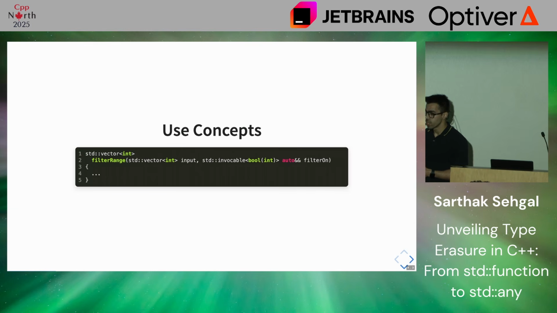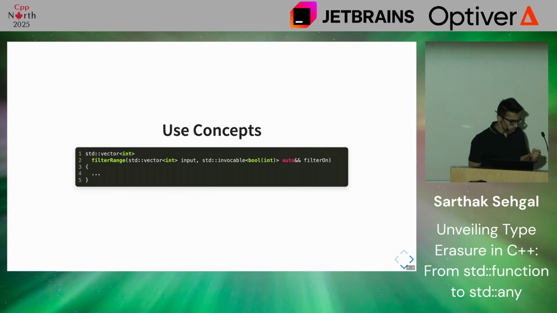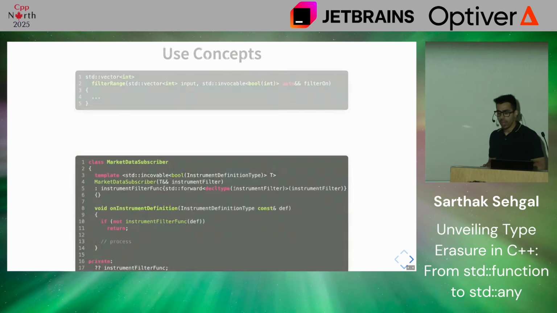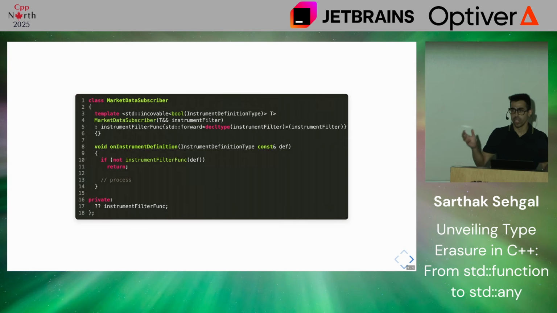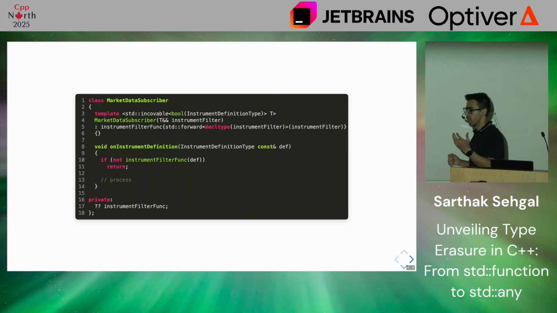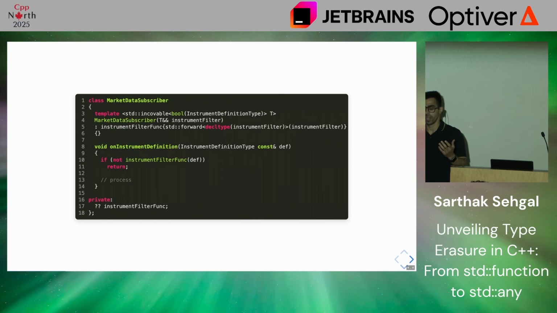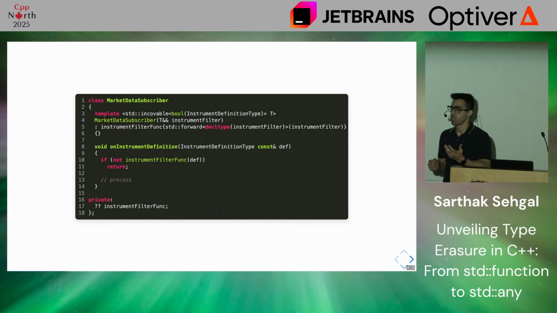But there are some cases where you either don't want it to be templated or it cannot be templated. For example, borrowing a use case from my industry, imagine that there's a market data subscriber class. What this class does is subscribe to market data from various different exchanges, and whenever a new instrument comes in, it filters the instrument based on a filter function that the client has provided.